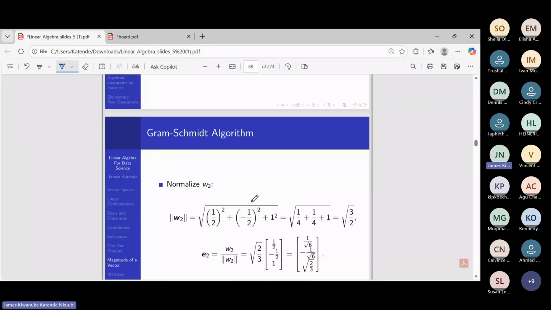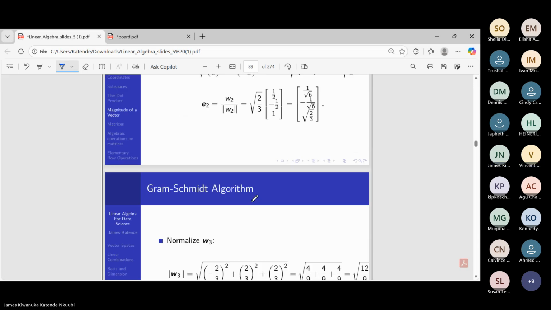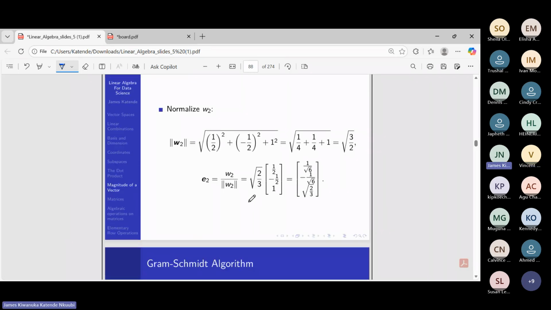Essentially, anytime you have a linearly independent set, you can always convert it into an orthogonal set. Most of the time, the target is to make it orthonormal. It's always possible, and this algorithm gives you a way to do that.